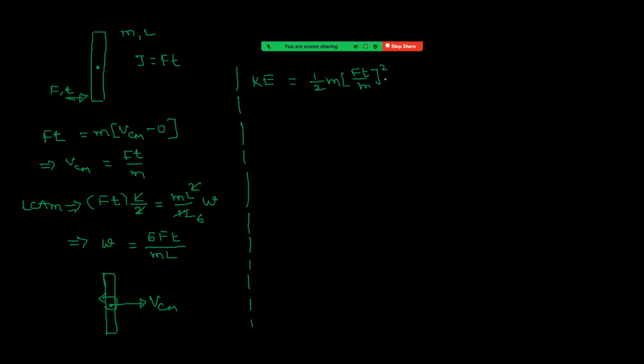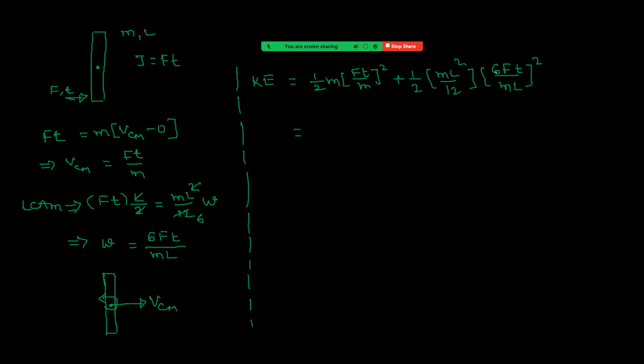This is the kinetic energy of the rod because of translation, half m vcm square, plus because of rotation, half I omega square, and I value ml square by 12, half I omega square, and omega value 6 Ft by ml. Okay. Now remain just calculation part.